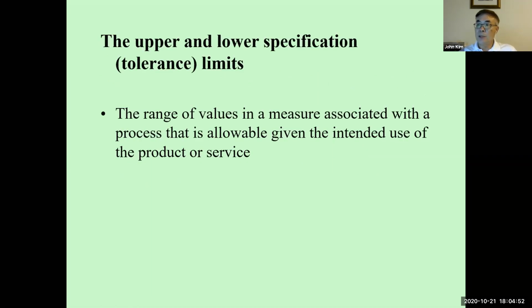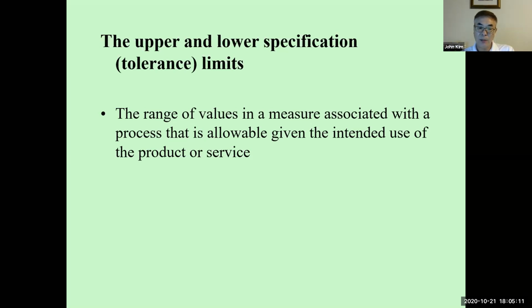The upper and lower specification limit. With the same example, 1 inch, then 1.5, 1.3, 0.97, and so on. Then I asked which one is good, which one is not good.